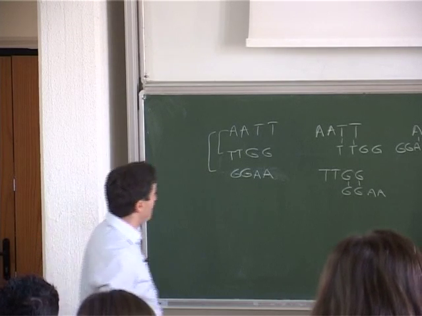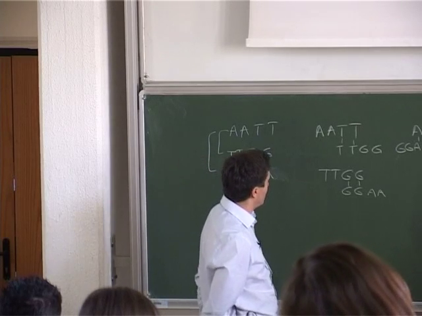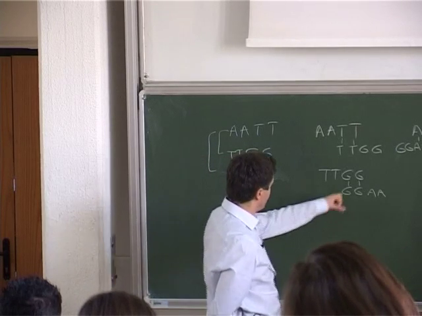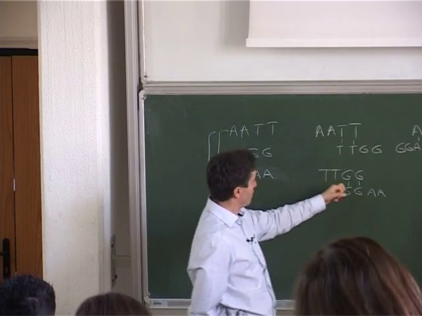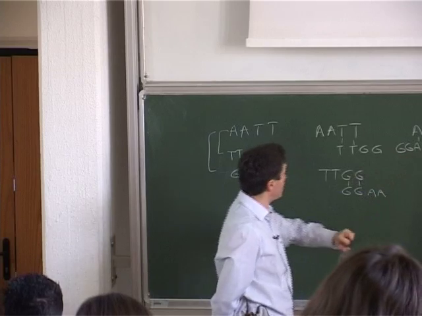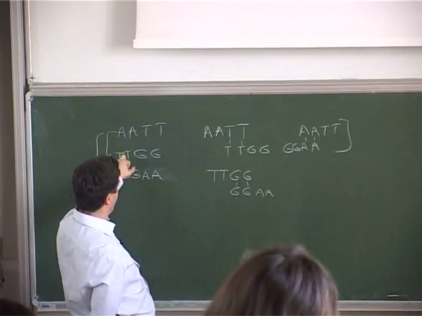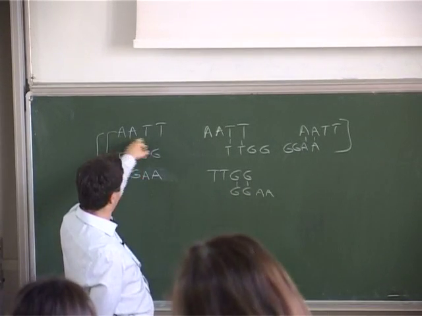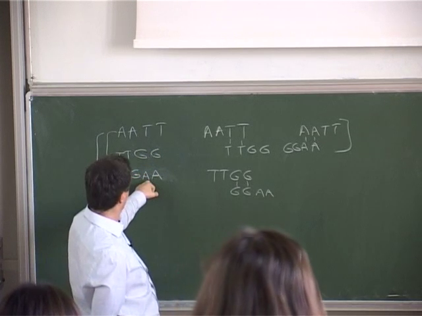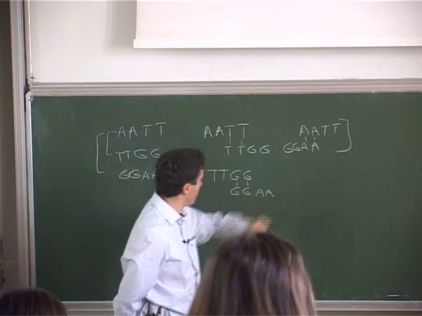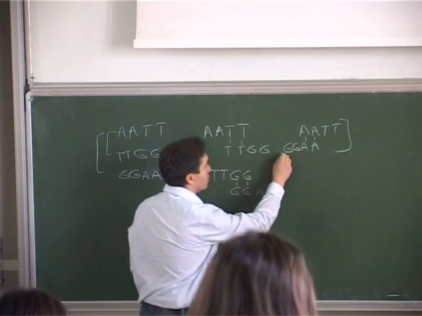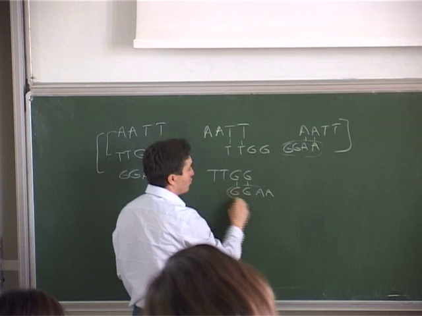Let's first combine these two alignments. So we have AAT, TTG, AAT, GGA, and this is the shared sequence between these two alignments.